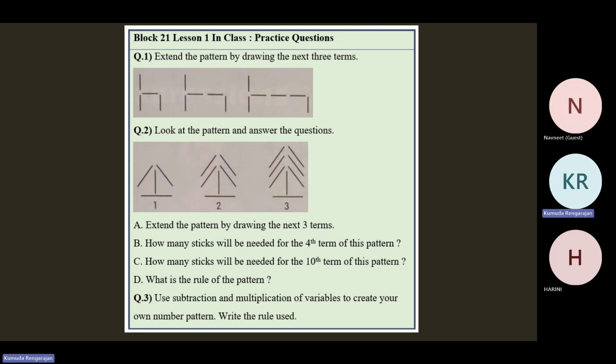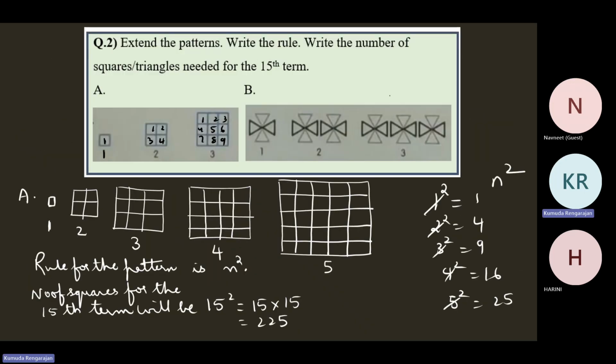The patterns here use pictures or diagrams. There are patterns created using matchsticks. So here shapes are used to create patterns. Squares and triangles are used to create the pattern.